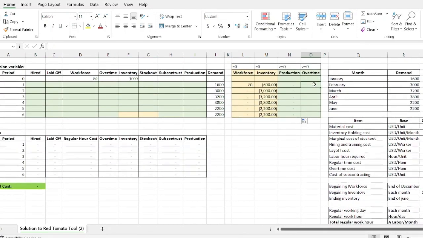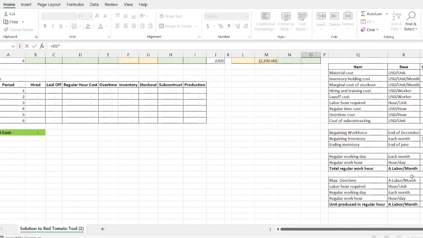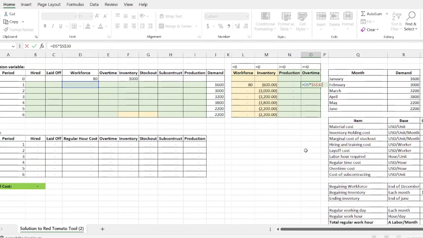So it is equal to the number of workforce multiplied by maximum overtime. So this is the maximum number of overtime that we can have in a month.